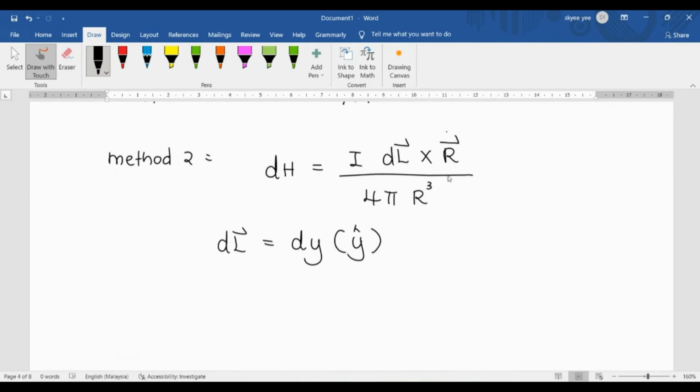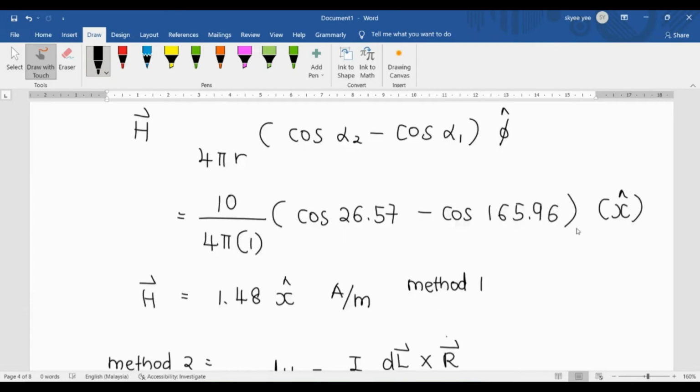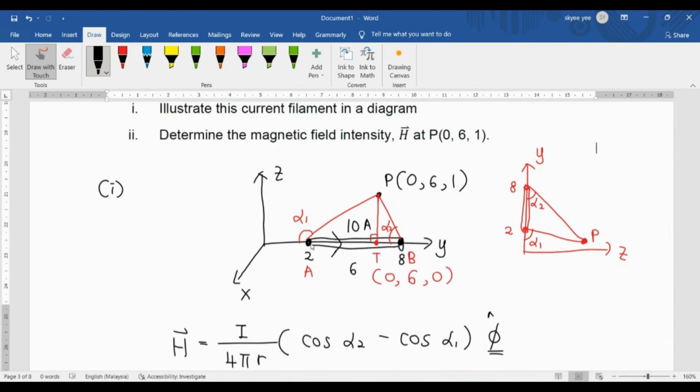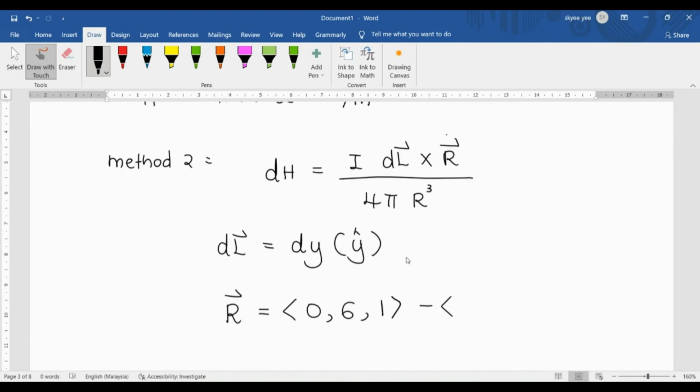Okay, this one settled. How about this one? This one is equal to the observation point 0, 6, 1 minus the source of the magnetic field. The source of the magnetic field is lying along the y axis, so the x value is 0, z value is also 0. But for this method 2, you don't need to find out the coordinate.